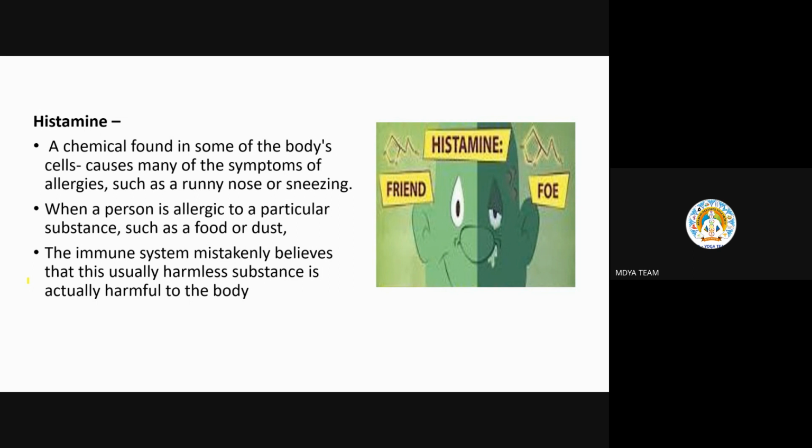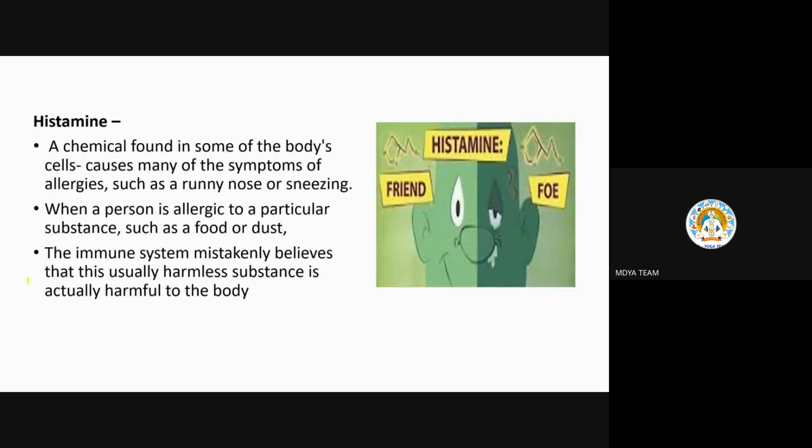In return, because everything has some reaction, as it understands that they are harmful, to fight against them our body starts releasing chemicals. There are many chemicals, but the main chemical for this is histamine.